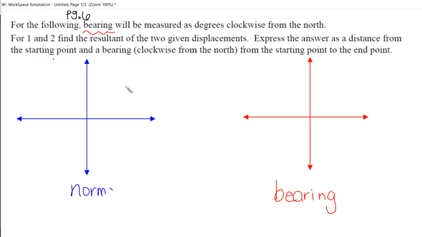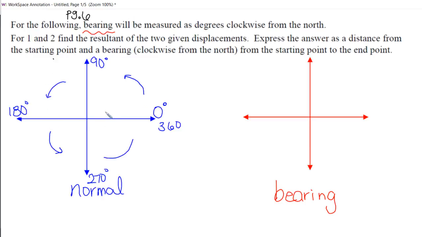On it, remember how our 0 degree was right here, and then we went counterclockwise. So this was our 90 counterclockwise, and then 180, 270, and 360 back again. We can just go around and around counterclockwise, correct? So this is our normal math way.